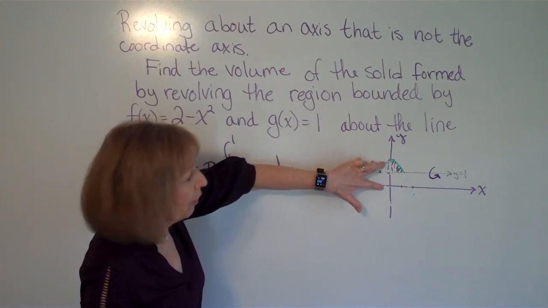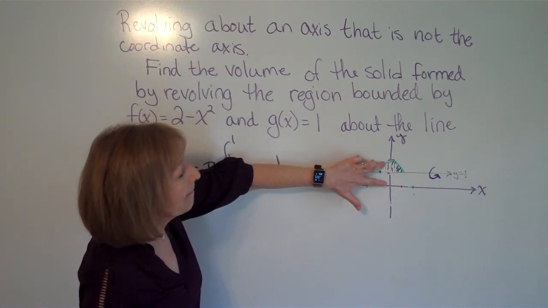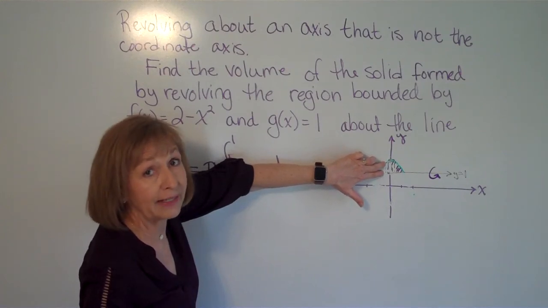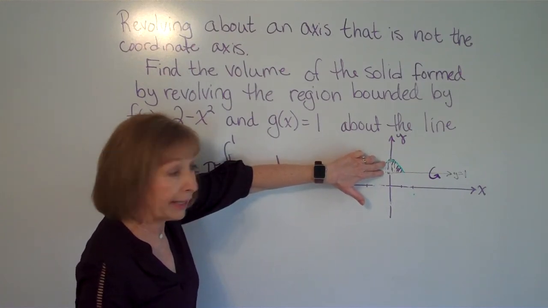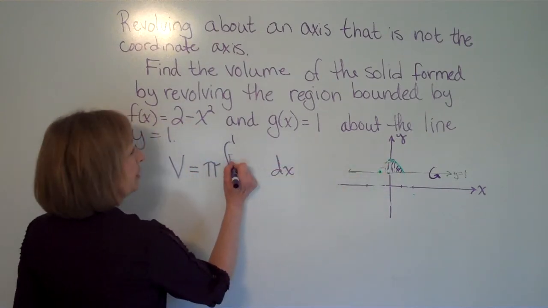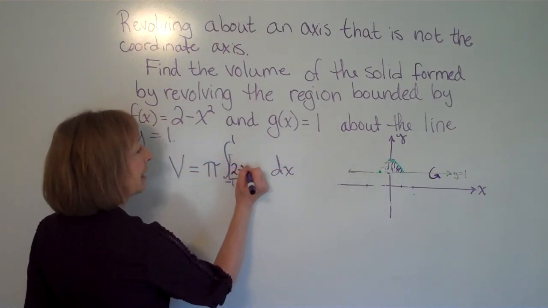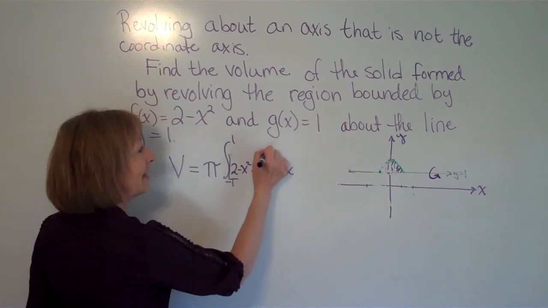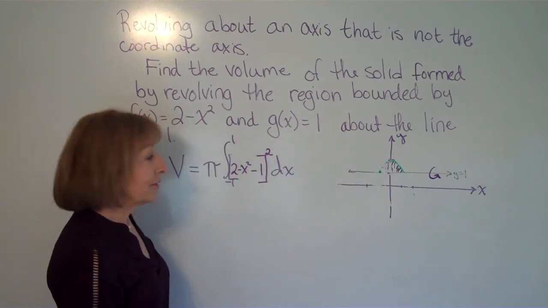So in our capital R of x, this is going to be where we have our y values from the x-axis up minus what we need to adjust for, because we're not revolving around the x-axis. We're revolving around y equal 1. So this is going to be 2 minus x squared minus 1. That's my radius, and that gets squared.